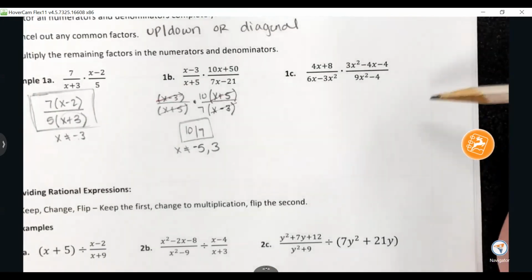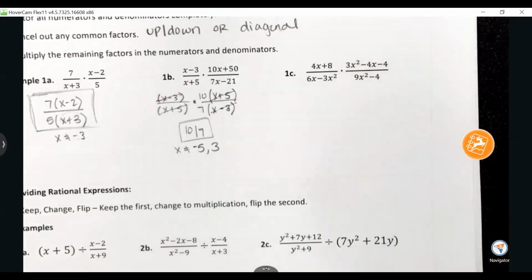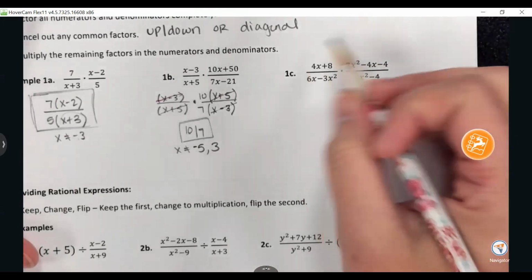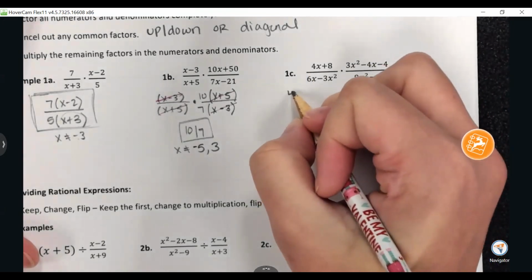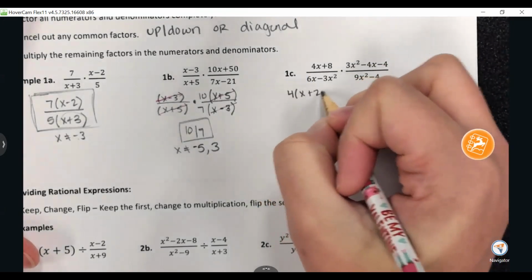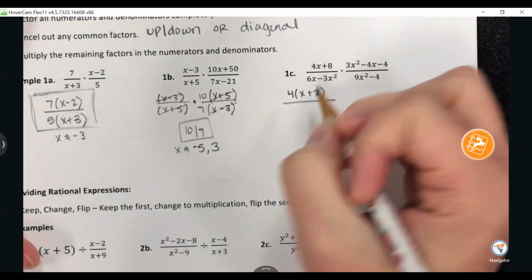You might need to go up to the side to have a little more space in order to factor out the numerator. So try to factor this out completely to have the most simplified fractions.